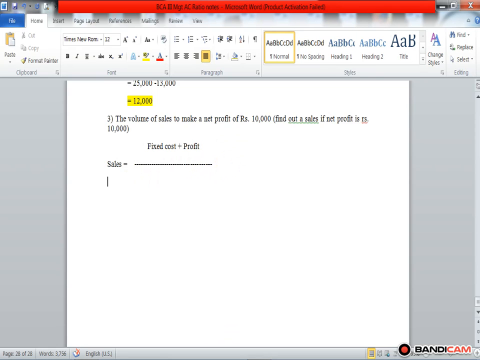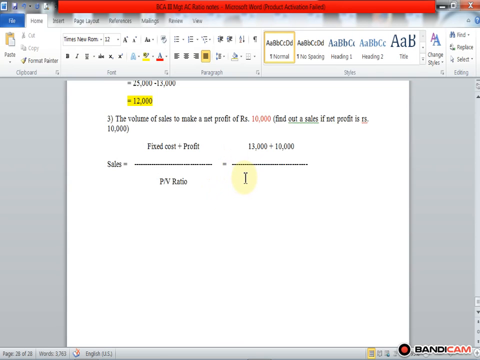So put the figures in the formula. Fixed cost is rupees 13,000 plus profit is given, 10,000 is the net profit, so 10,000 added to 13,000, divided by PV ratio.